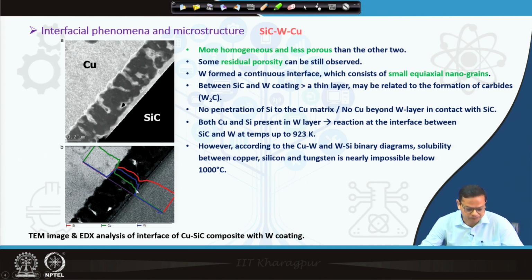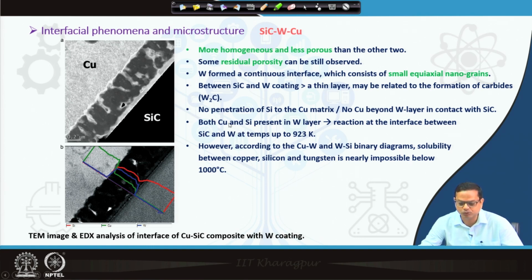Similarly, this green one, which is copper, also drops quite sharply. That means there could be dissolution of silicon or copper in the tungsten thin film, but that is getting restricted there only. There is no dissolution of copper or silicon in silicon carbide or in the copper matrix. That is what is most important.